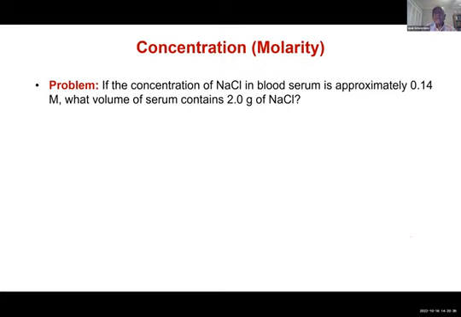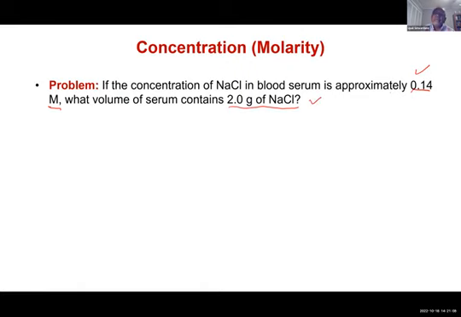If the concentration of sodium chloride in blood serum is approximately 0.14 molar, what volume of serum contains 2 grams of sodium chloride? How do you do this? Concentration is given.